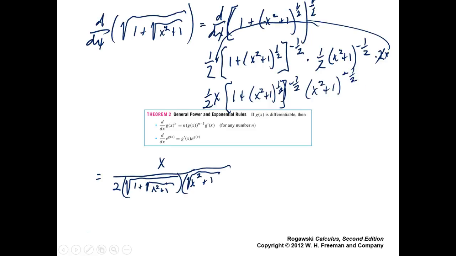Yeah, I like it. They left it like this. I would have guessed they wanted it back in radicals, but they didn't.